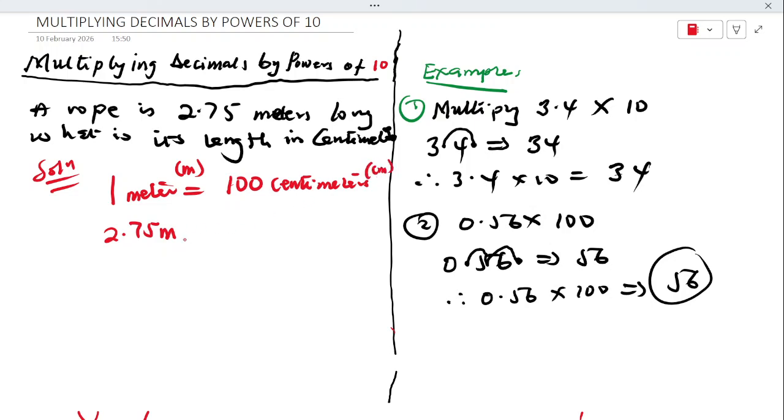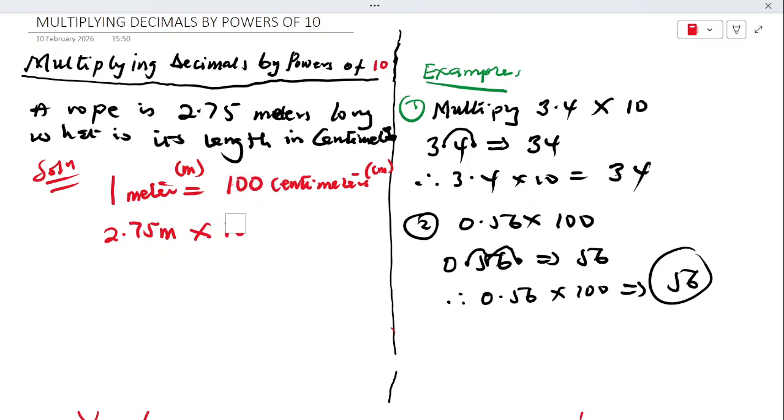So since we have 2.75 meters, we are to find the 2.75 meters in centimeters. So if we know that 1 meter is equal to 100 centimeters, then to get 2.75 meters, we need to multiply by what? 100. I hope you are following.